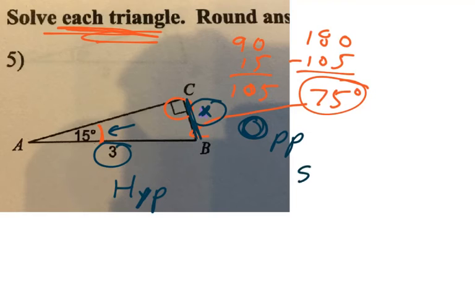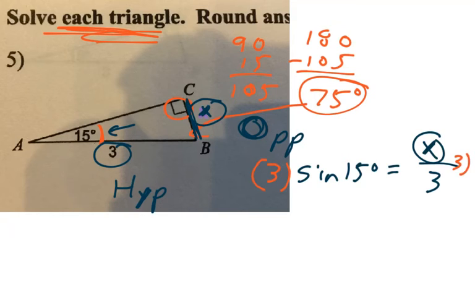You should know that is sine. So we know that the sine of 15 degrees is always its opposite side divided by the hypotenuse. Okay? So to find X here, all I need to do now is multiply both sides by 3. X is going to equal 3 times the sine of 15.